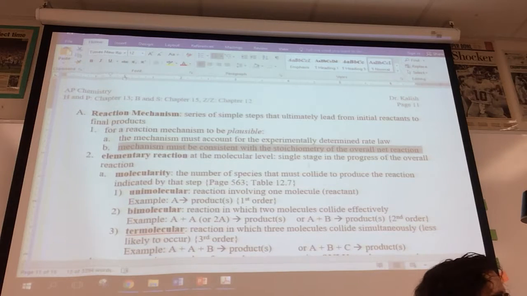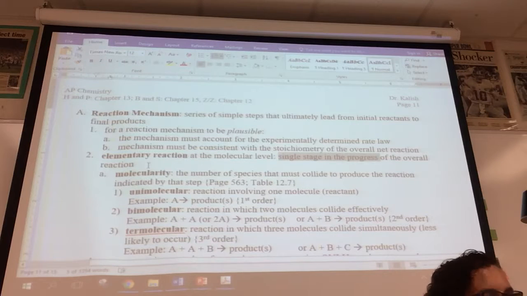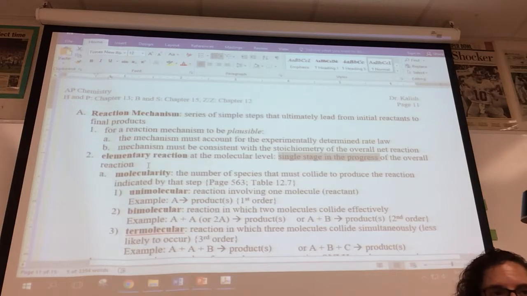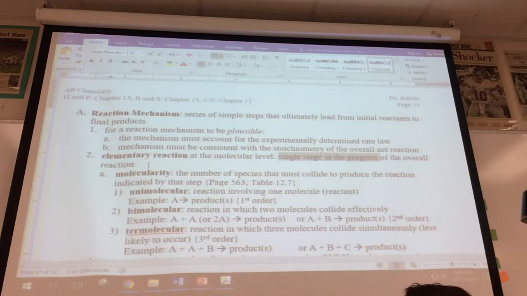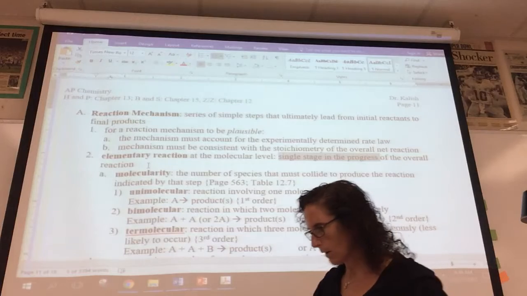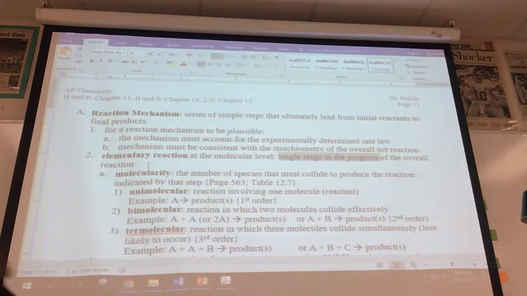These series of steps, or each step, is an elementary reaction. It's a single stage in the progress of the overall reaction. So if I want to go from here to the door, but I'm going to do it in 3 segments, instead of just flying over the door, I'm going to walk here, and then I'm going to walk here, and then I'm going to walk here.